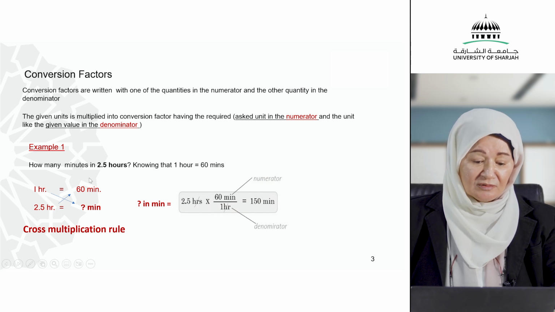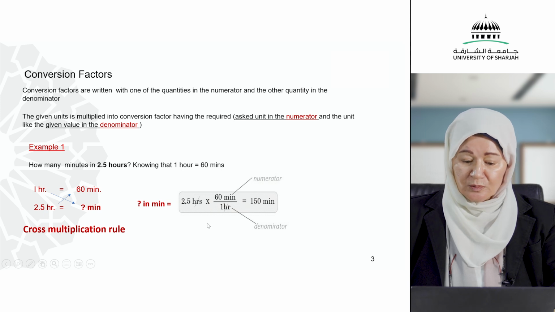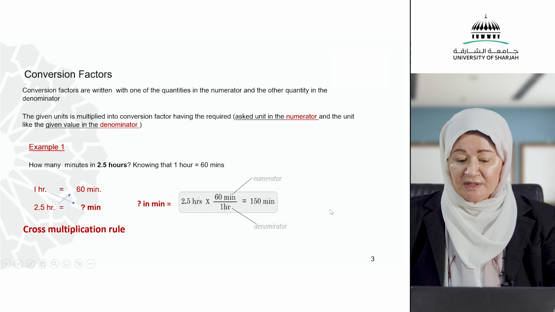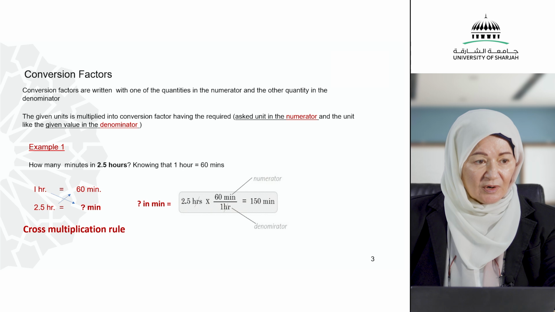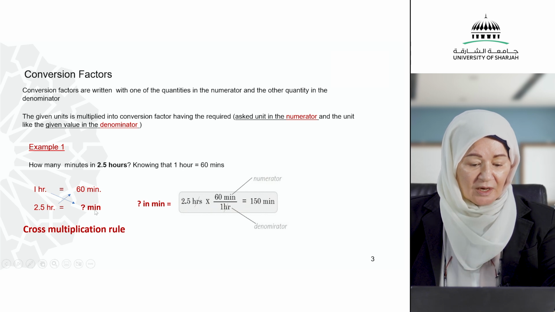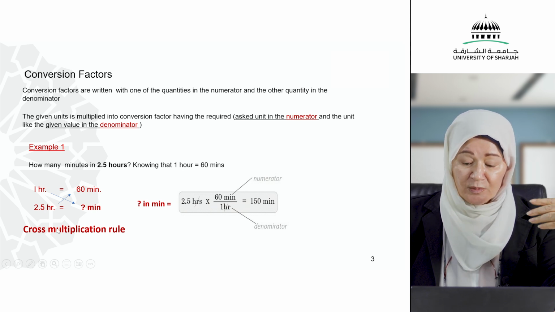We call it the cross multiplication rule. I just multiply 2.5 times 60 over 1. I get 150 minutes. You have to write it in order: 1 hour, 60 minutes; 2.5 hours, how much?